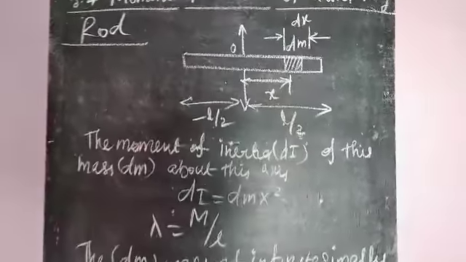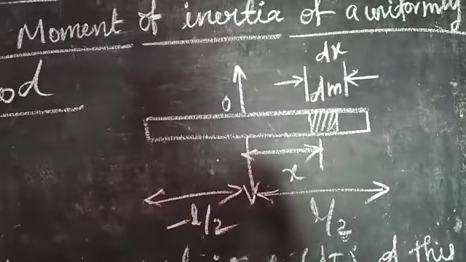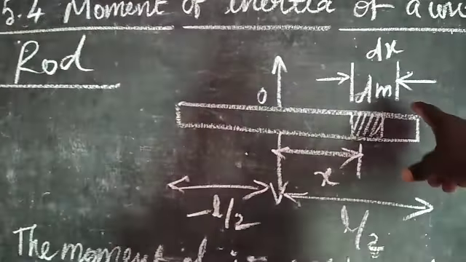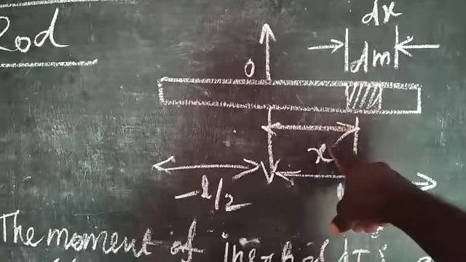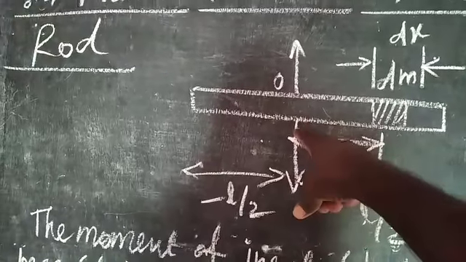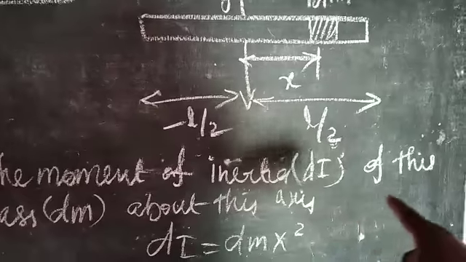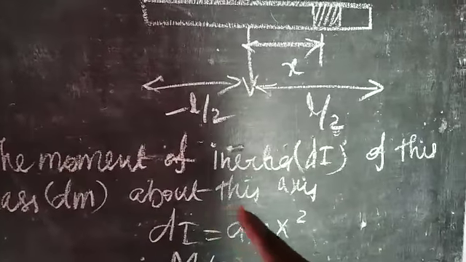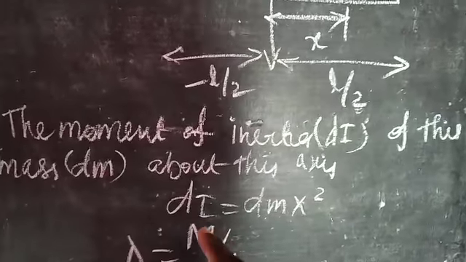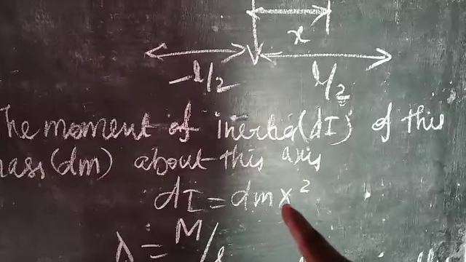Consider a small infinitesimal mass dm at distance x from the origin O. The moment of inertia dI of this mass dm about the axis is dI equal to dm into x square.